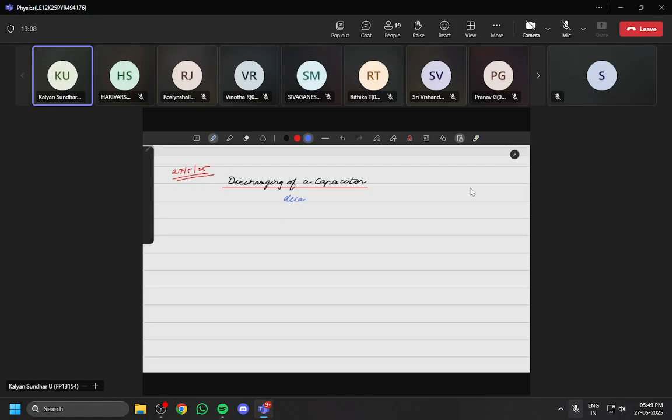This we can also call the decay of charge. This is the capacitor which already has the maximum charge Q naught.